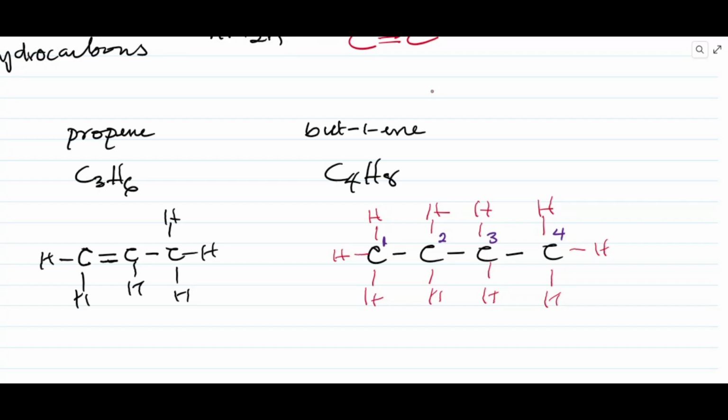The carbon to carbon double bond is called ene, and that ene in this compound is attached to carbon number 1. So that is why our double bond will be between carbon 1 and carbon 2. When our double bond is between carbon number 1 and carbon number 2, we need to reduce the number of hydrogen atoms on those carbon atoms.